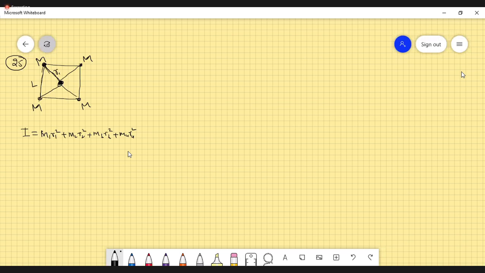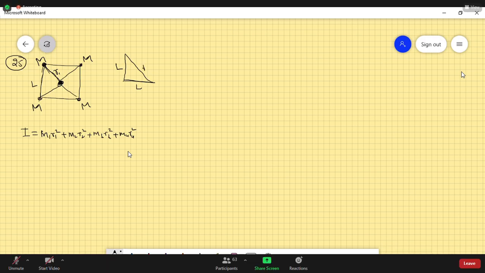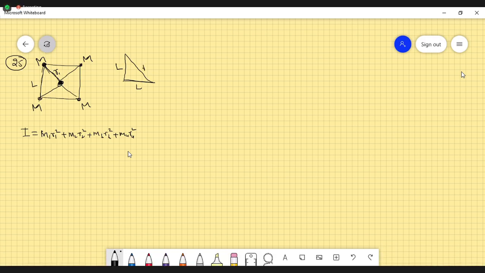Half of the diagonal. What is the total diagonal of the square? If we consider the square, these are the two sides and this is the diagonal. This is length L, this is length L. It is a right angle triangle, so hypotenuse square equals side square plus side square. So the diagonal is root 2 L.